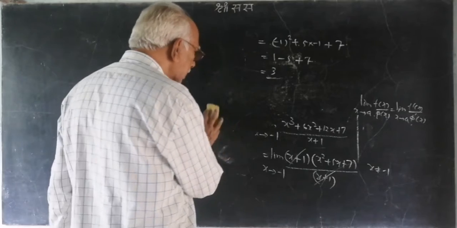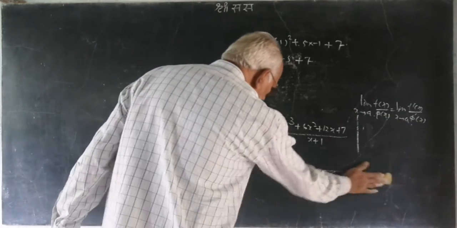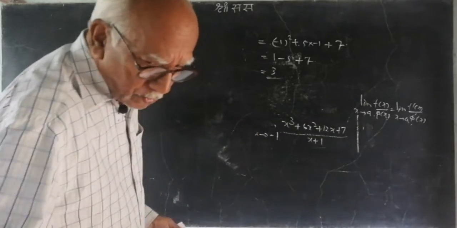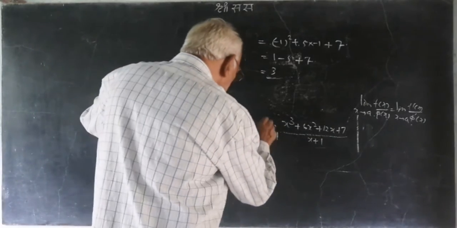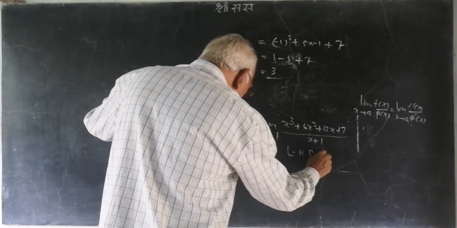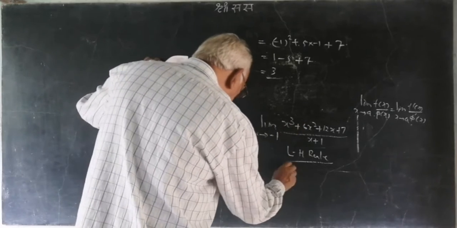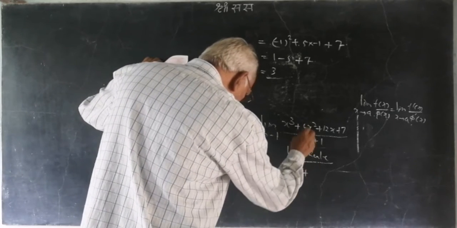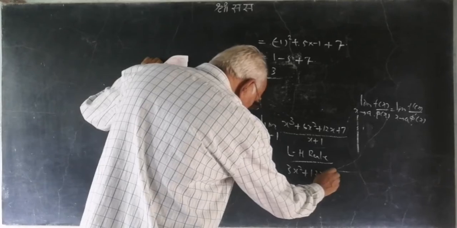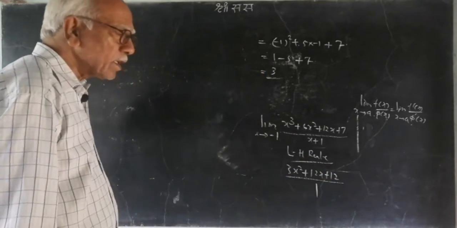So, we can differentiate these and put the value and have the answer. We can call that form L'Hospital's rule, LH rule. So, if we differentiate, what will it be? It will be 3x square, and 12x, and 12, divided by the differentiation of x, which is 1.